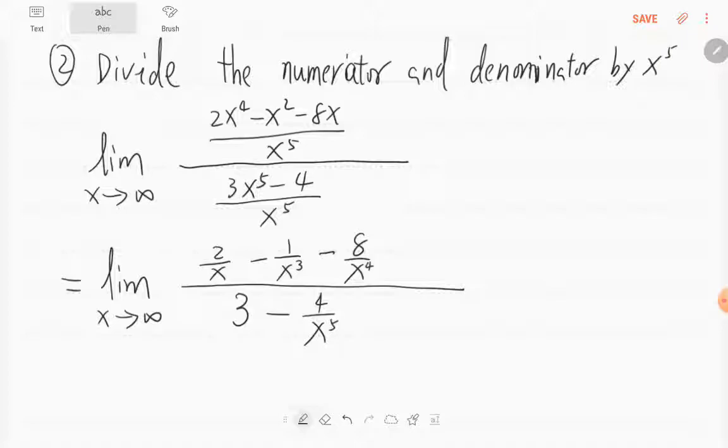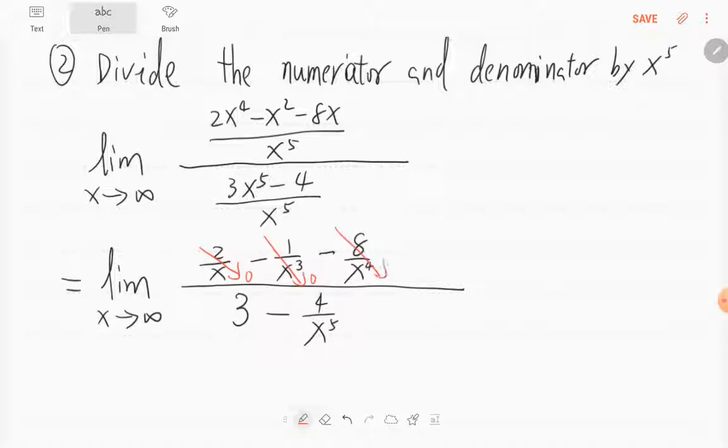Then you will see when x approaches infinity, x is a very large number. Do you remember that? If a fraction's denominator is very large, then this fraction is very close to 0. So if x approaches infinity, this term will approach 0. This term has the limit 0.